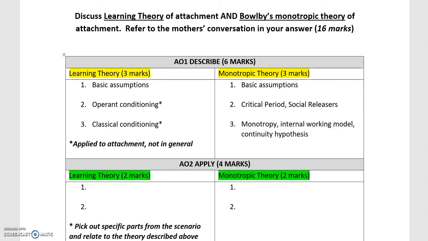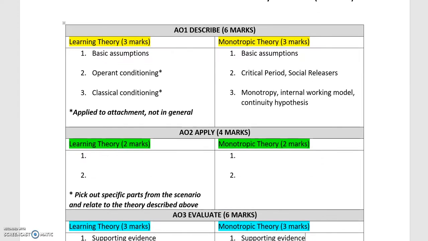Then the second thing you have to do for each theory, as it says, is refer to the mother's conversation. This is where you have to apply. You need to pick out specific parts from the scenario, the stem they call it, and relate it to the theory described above. So they literally want you to pick out key things that have been said in that scenario and apply them to the key terms that you've mentioned in your description.